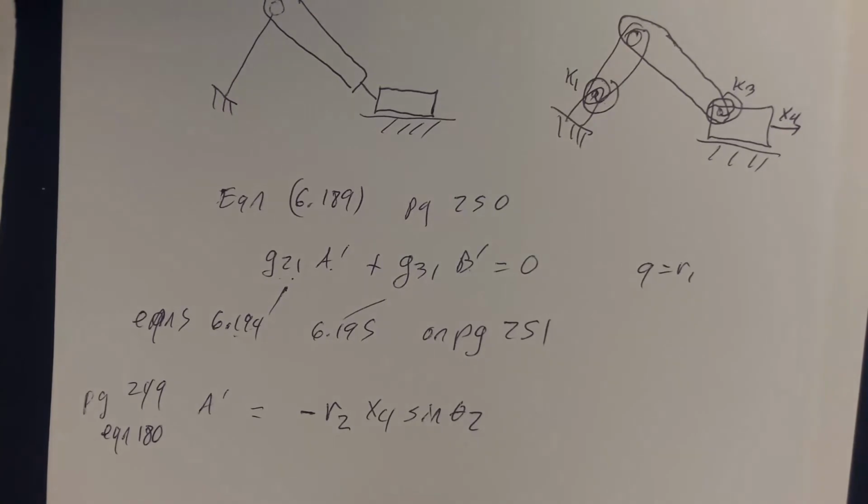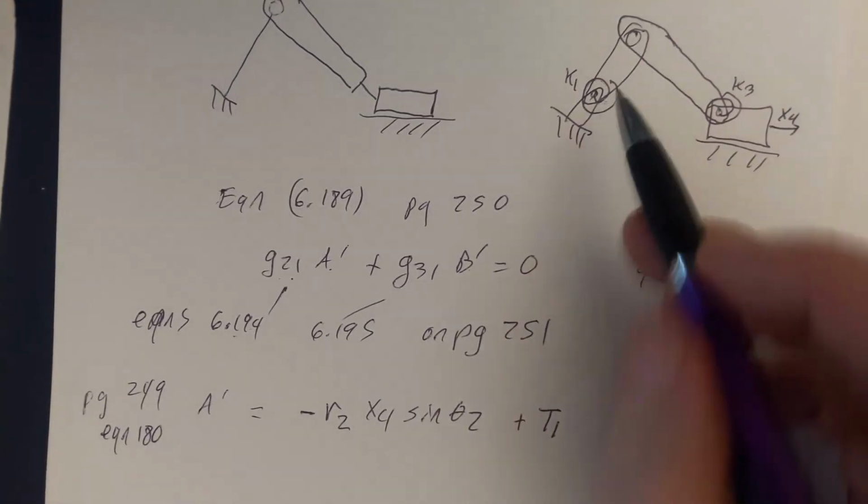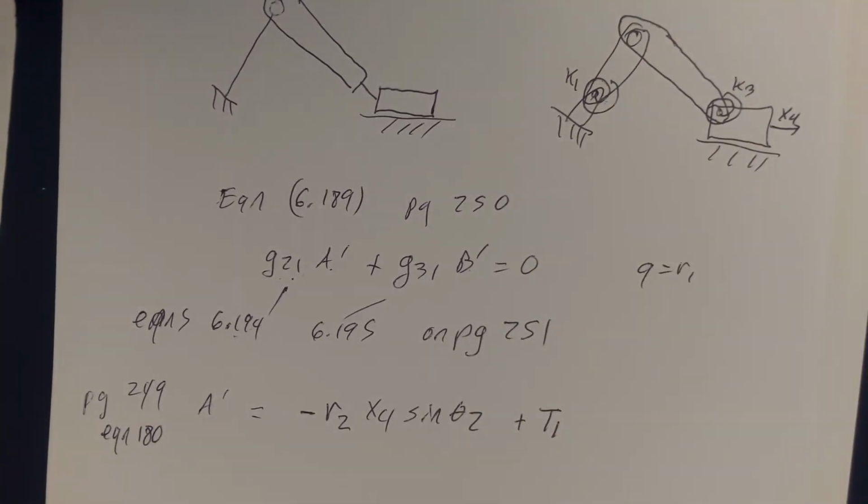We don't have an x2, y2, or y3, which is what shows up in the next term. We do have a t1 in this, so the next term we're going to get out of the A prime is just t1, and that's the torque associated with this torsional spring.